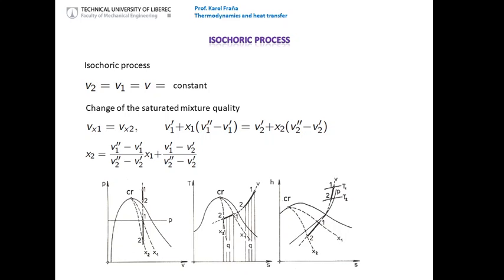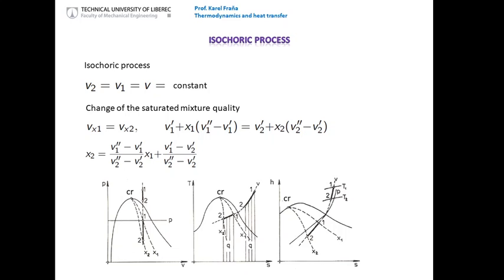For the PV diagram, it's very simple. We can see already that the technical work is a non-zero value, the absolute work is zero, and there is no difference between the area of the superheated steam and the mixture steam. If you look at the TS diagram, now you can see the basic difference.